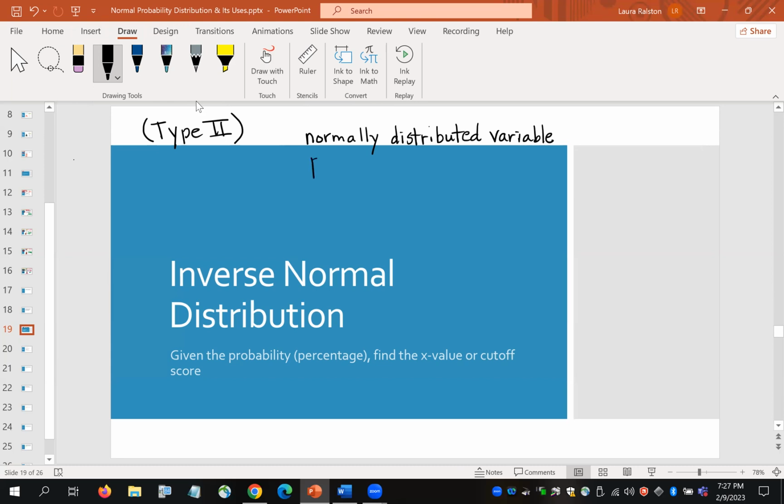You're still going to be told or given the population mean. You're still going to be told or given the population standard deviation, which is sigma.